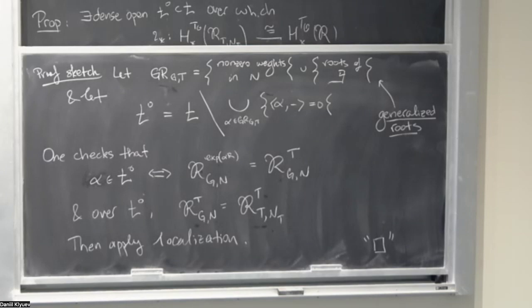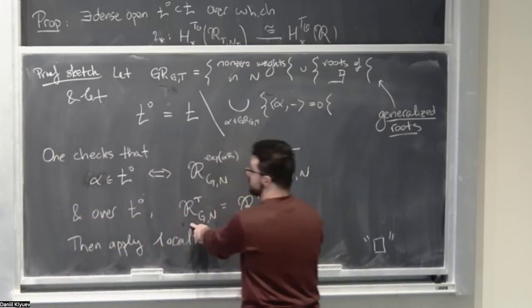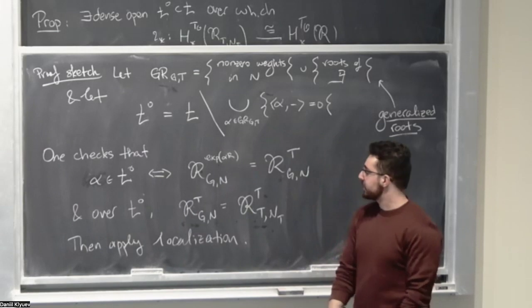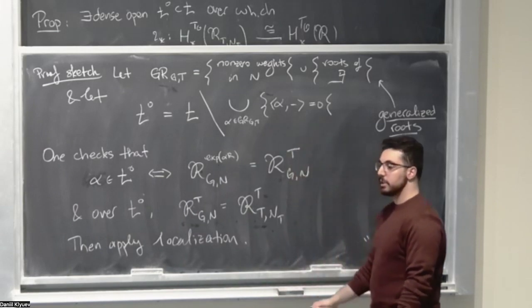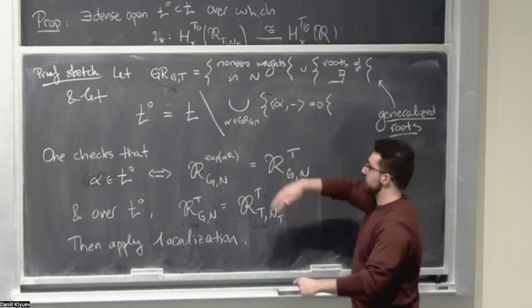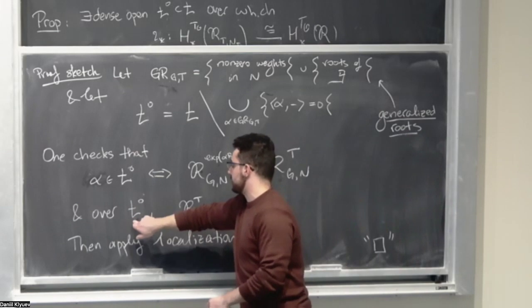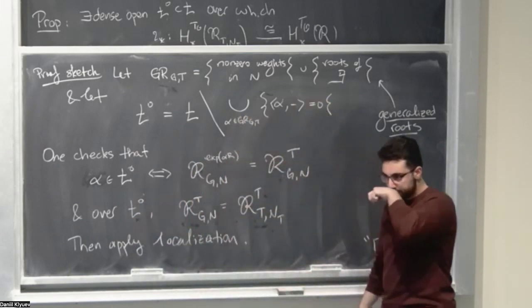Exactly. I guess there's a T localization for the abelian one and a T localization for this, but they're the same. And over T0 means that you also localize before. So when you take the cohomology, the coefficients have these inverted. Okay.